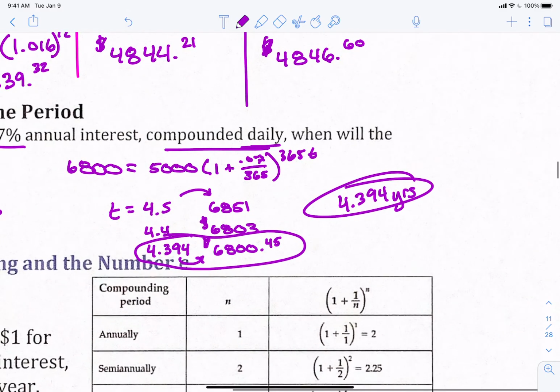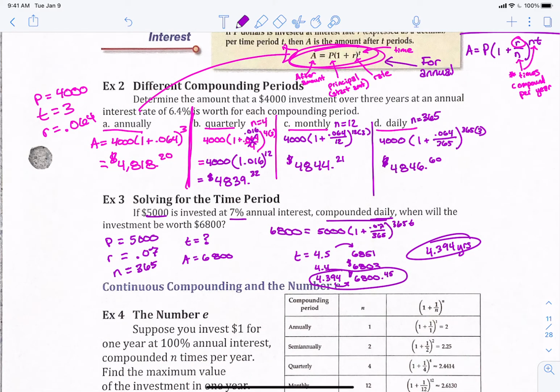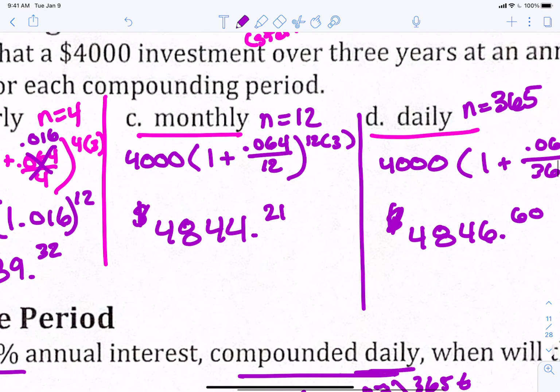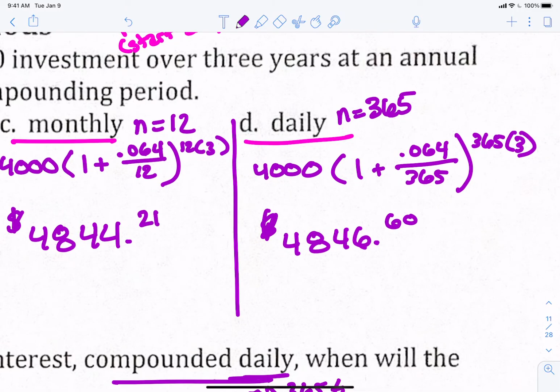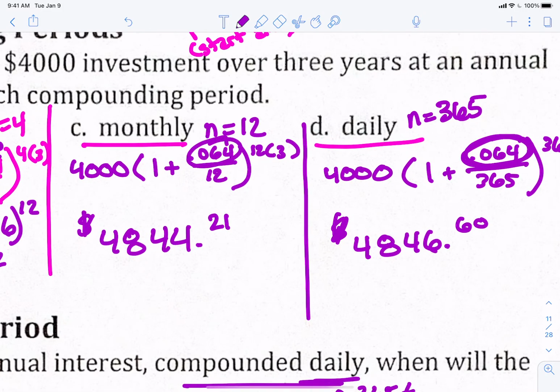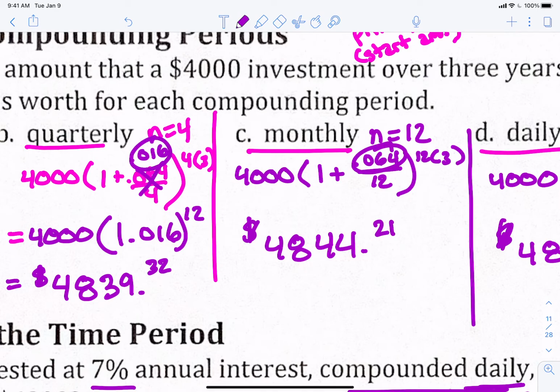Okay, now, which one gives me the most money? Compounding once per year, 4 times a year, which would be quarterly. Monthly would be 12 times a year. Daily would be 365. You're still only getting the same interest rate all the way through for the entire year.